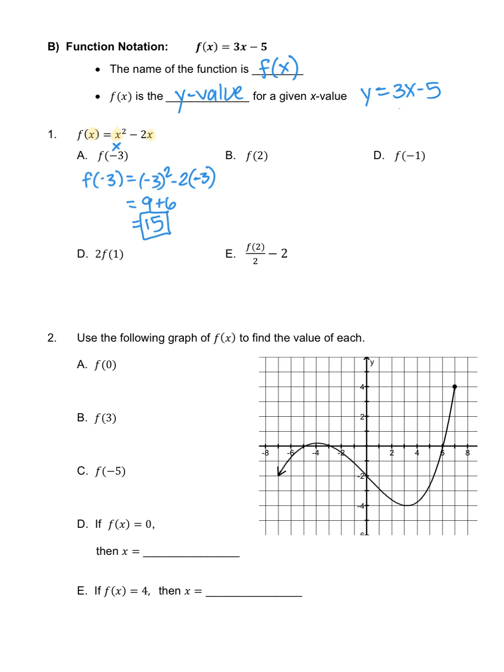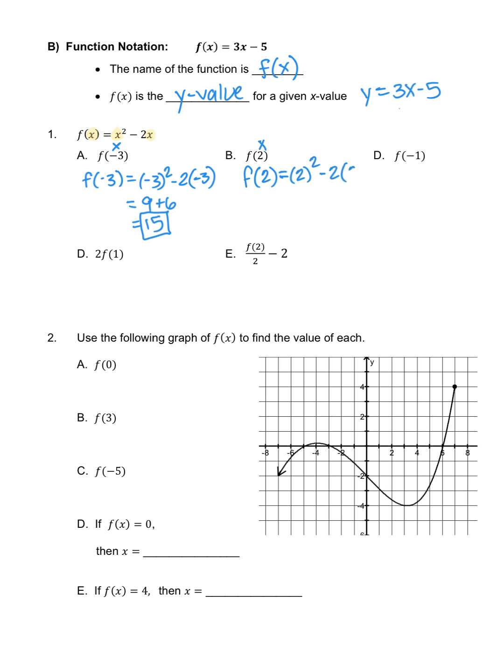Let's go ahead and do B. In place of x, we will put a 2. So let's put f of 2 equals, well, instead of x squared, we will put 2 squared. And remember, when you plug in, make sure to use the parentheses.